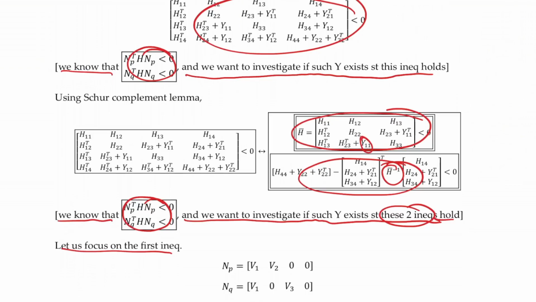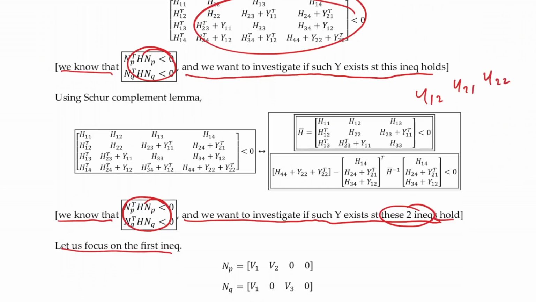If we are able to do that, for the second condition there is nothing to prove. Of course, such Y12, Y21, Y22 exist, because by choosing appropriate Y entries other than Y11, this condition can hold.